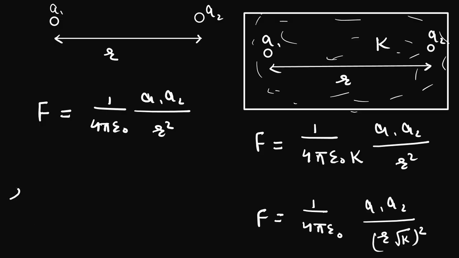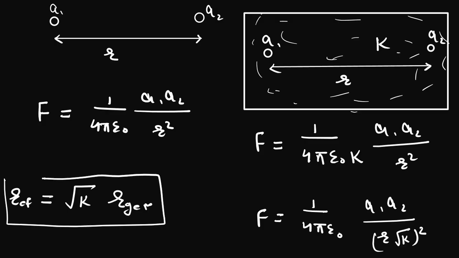So the effective distance is equal to root under k multiplied by geometrical distance. Remember this equation, this will help you to solve problems.